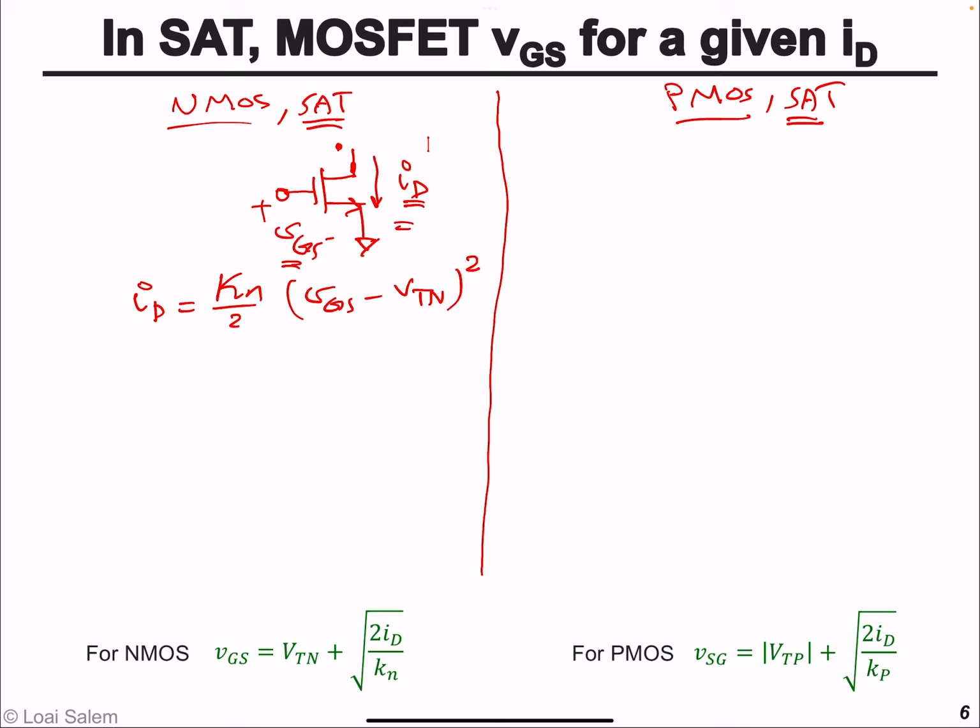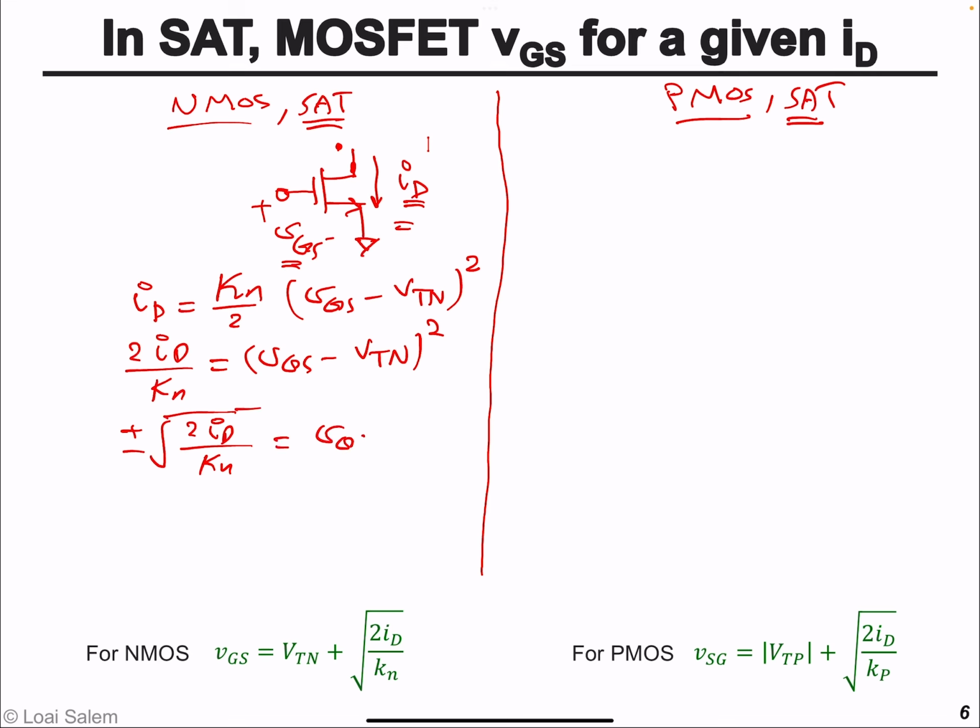So if we multiply both sides by 2 over Kn, times ID on the left side, we get VGS minus VTN squared on the right side. If we take the square root of both sides, we will have plus or minus the square root of 2ID divided by Kn equal to VGS minus VTN.